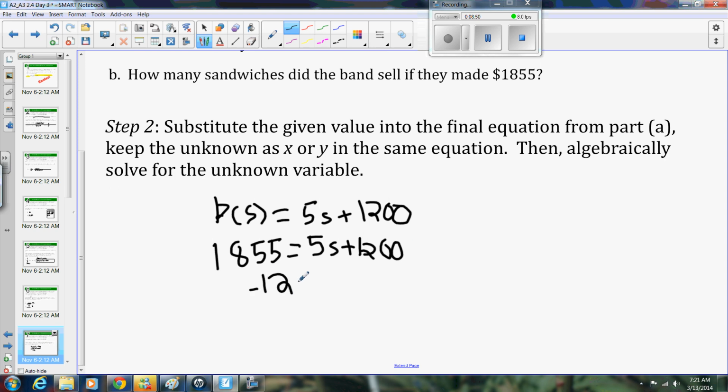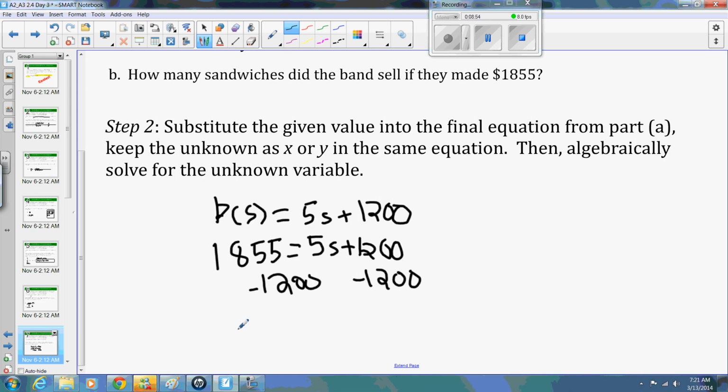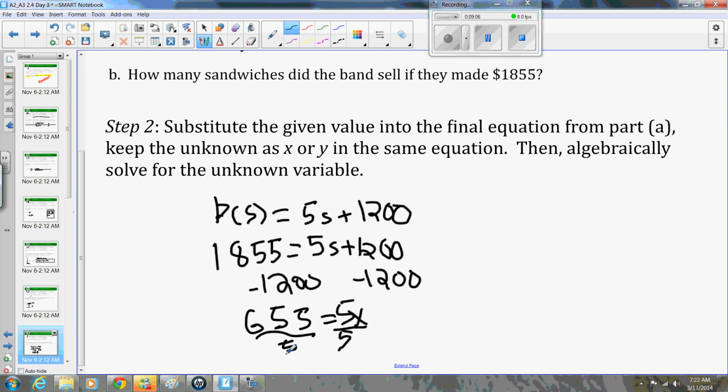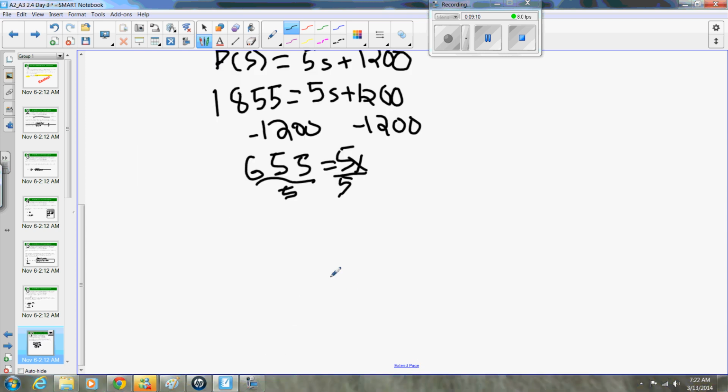I'm subtracting 1,200 from both sides, and I get 655 is equal to 5x. Divide both sides by 5. Let me give myself some more room to work here. And my final answer, x, is equal to 131.